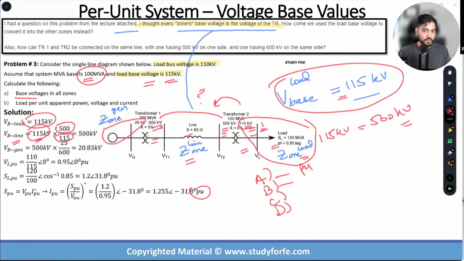So if the V base over here is 115, then because I have the transformer with this turns ratio, the V base on the right hand side is going to be 500 kV, right? So now I have a very clear answer to what should be the zone voltage in here, 500 kV, correct?